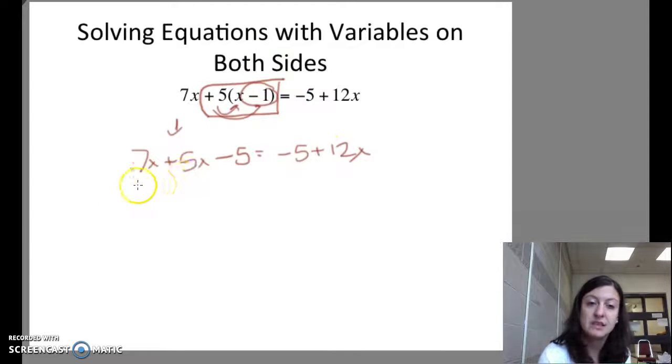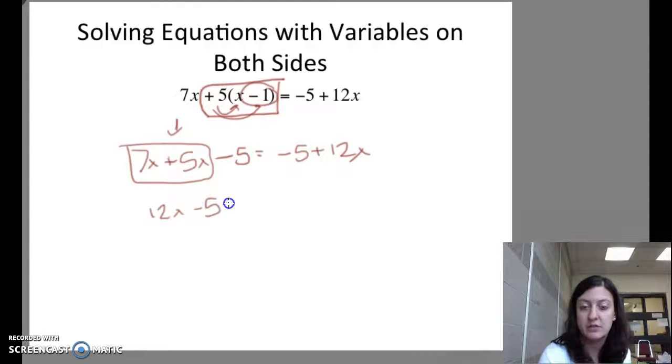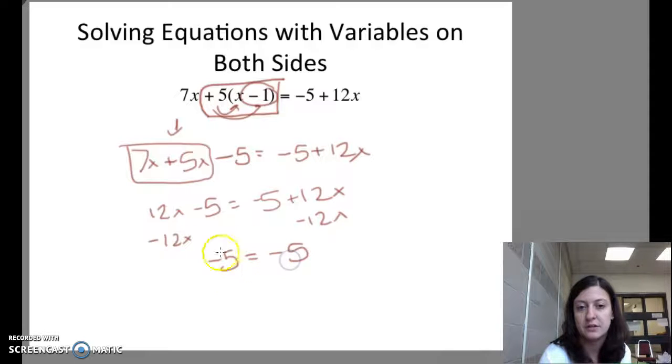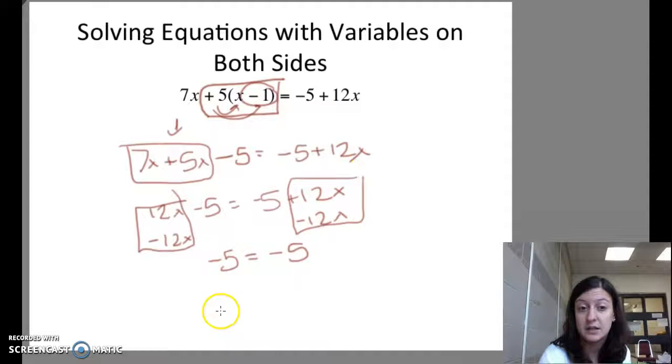Okay, 7x plus 5x is 12x minus 5 equals negative 5 plus 12x. You might already see what's happening here. Subtract 12x from both sides and get negative 5 equals negative 5, right? That canceled, and that's what we're left with.